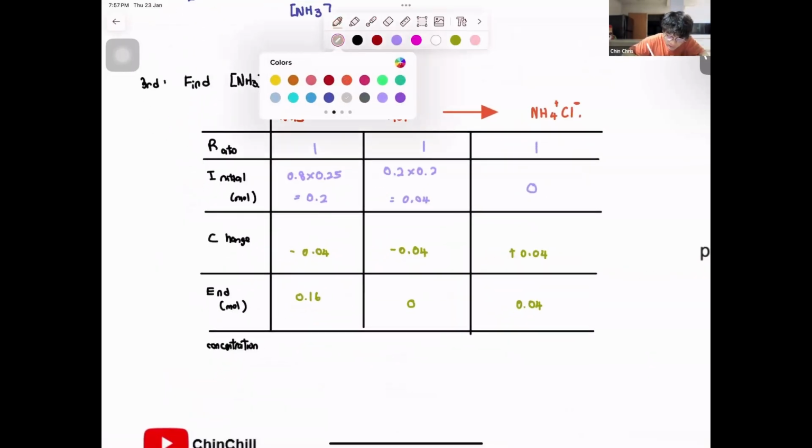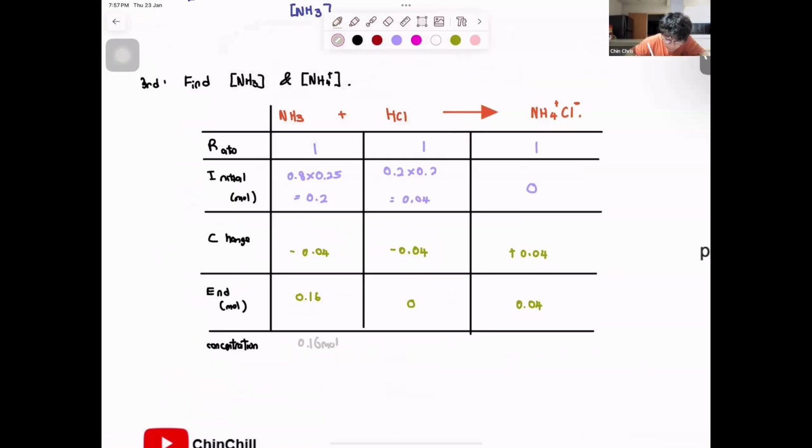It's gonna be 0.16 mole divided by 1 dm³, 0.16 mole per dm³. They are the same. 0.04 mole divided by 1 dm³, 0.04. Am I right?